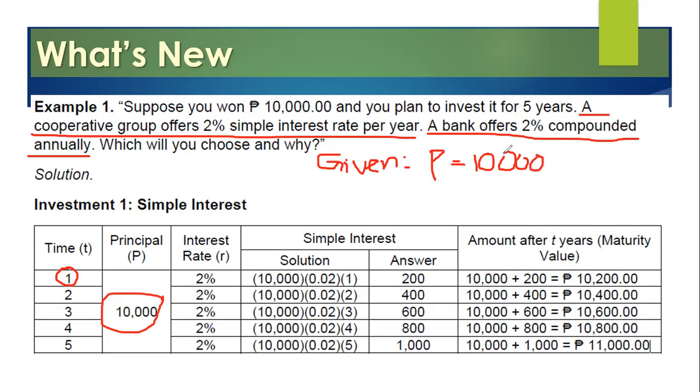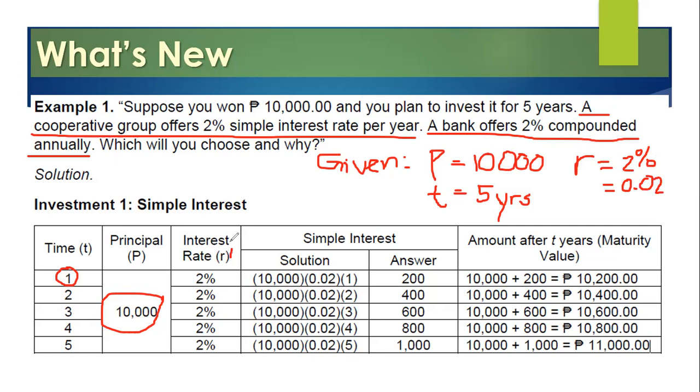Plano mong i-invest for 5 years, so that is our T, 5 years. Rate of interest, 2%, so we use R. That is 2%, or kapag kinonvert sa decimal, 0.02.